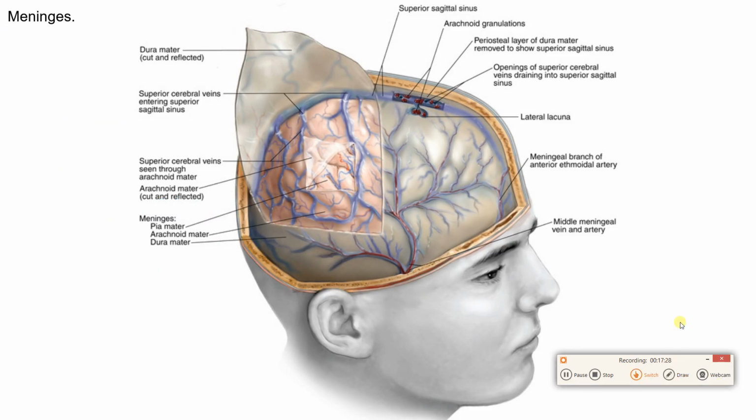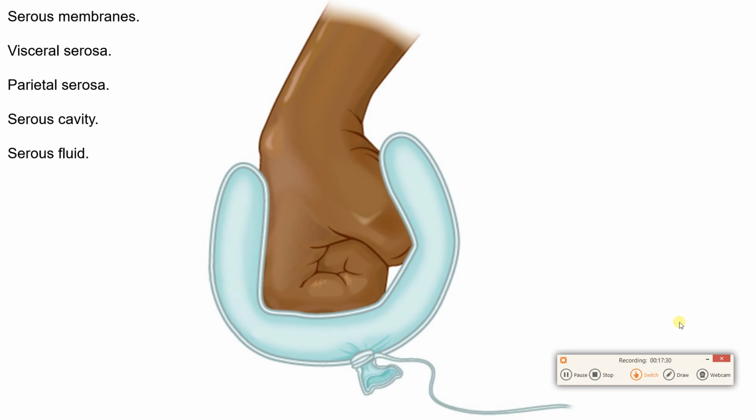Cool. There are also membranes in our ventral body cavity, and they're different than the meninges. The ventral body cavity membranes we're going to learn about are known as serous membranes.